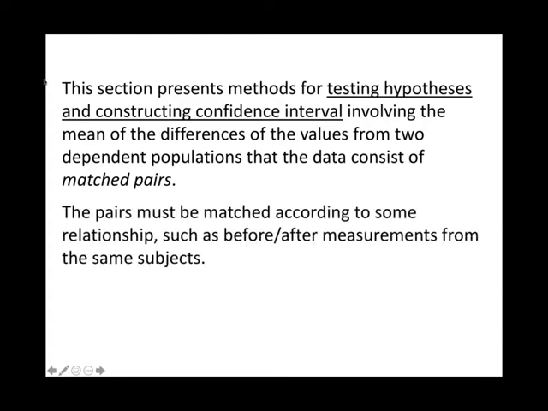Dependent populations means you have two sets of data, and each pair of the data comes from the same subject, so we call these dependent populations. In Session 9.2 we work on the mean of the difference for two independent populations, meaning the first set of data is independent of the second set of data.